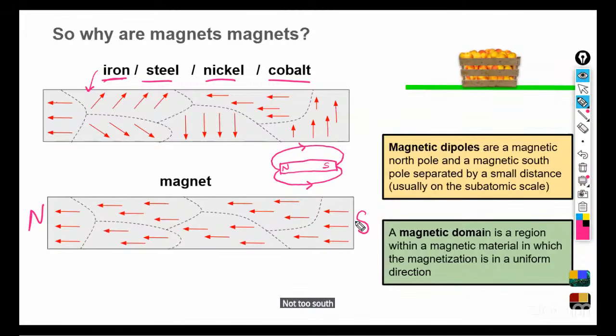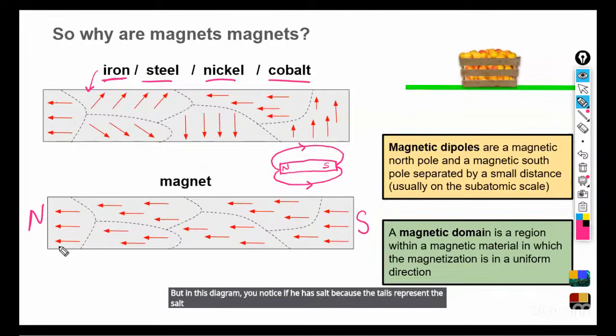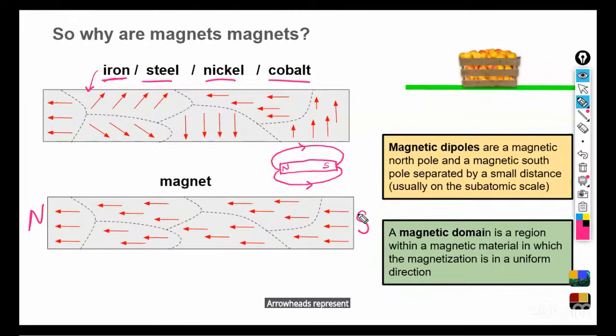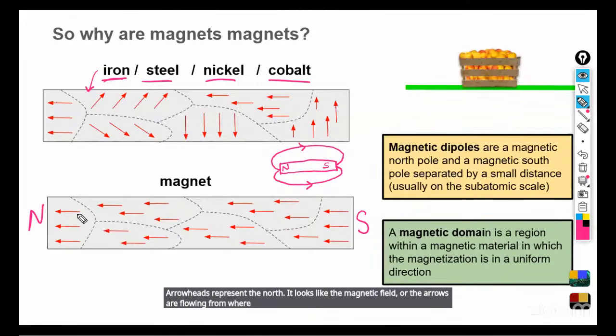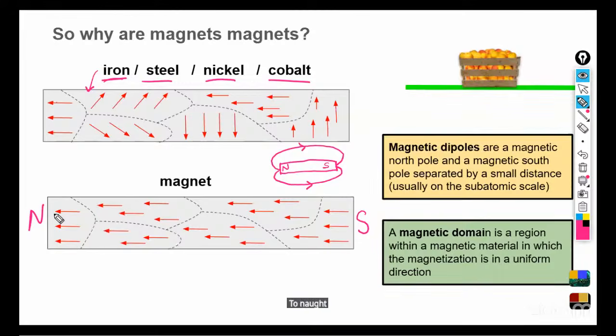But in this diagram, you notice if here is south, because the tails represent the south and the arrowheads represent the north, it looks like the arrows are flowing from south to north. That seems to be the opposite of what I have been saying. But I'm not wrong. All the magnetic field lines you drew so far, think about it.